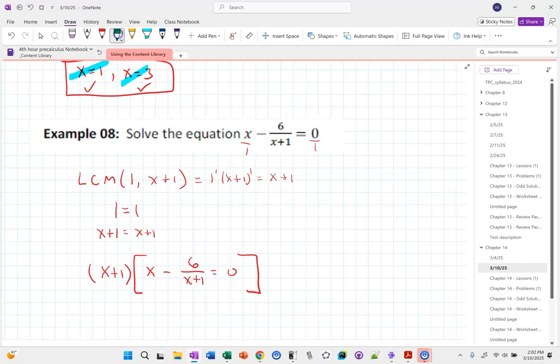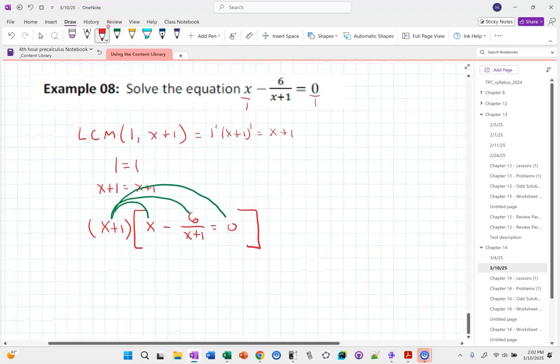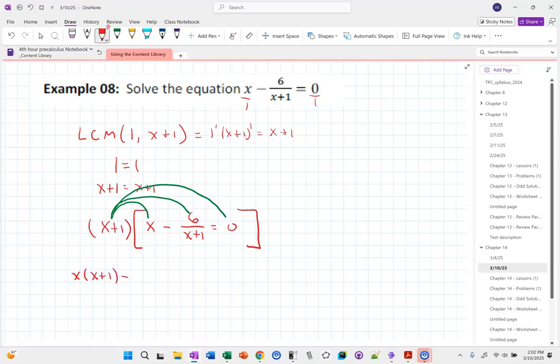Okay. So multiplying both sides by x plus 1. So again, I got to multiply it to every piece. So x times x plus 1, I'm just going to write it like this for now. When I multiply x plus 1 times 6 over x plus 1, I'm going to think about that as multiplying two fractions.